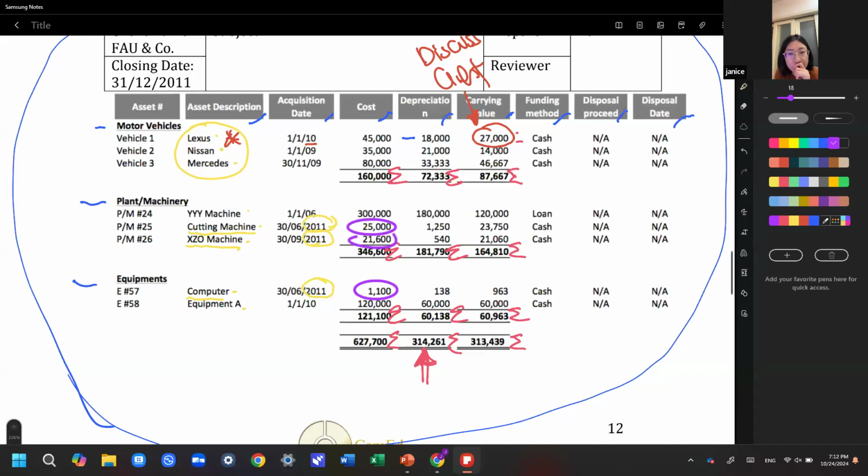Do you see any problem? What's the amount that we have for the cutting machine here? Yes, Sophia, it is $25,000. Is this amount correct?